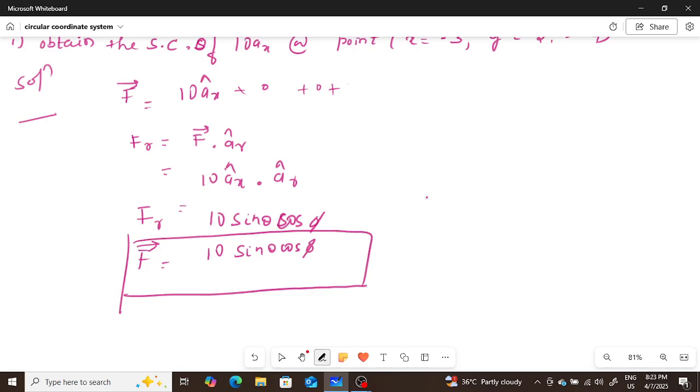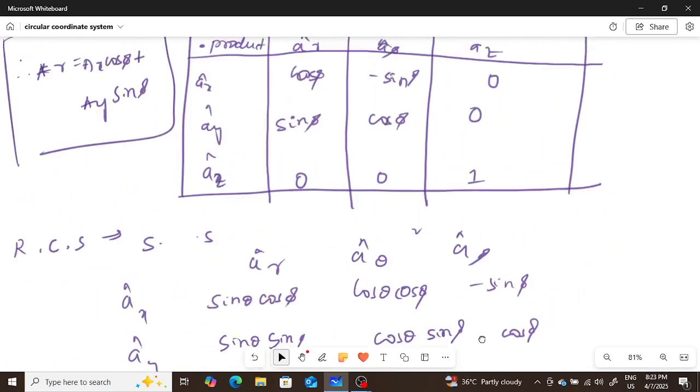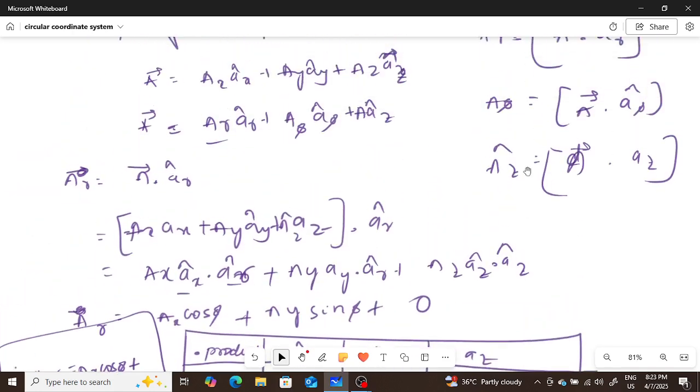Now what you have to identify is the coordinates. How to write x for the spherical coordinate system?